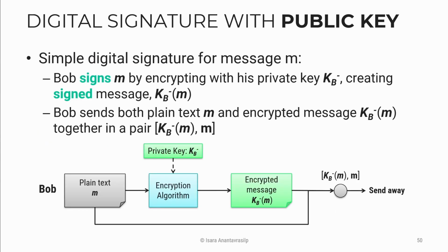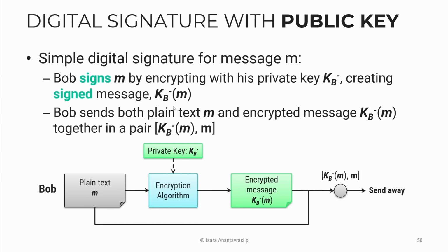How do we sign a message using public key crypto? Suppose Bob wants to send a message to Alice, and he wants to make sure that Alice can verify that the message is from him. What Bob is going to do is two things.